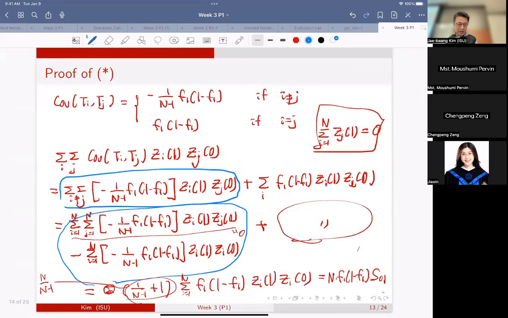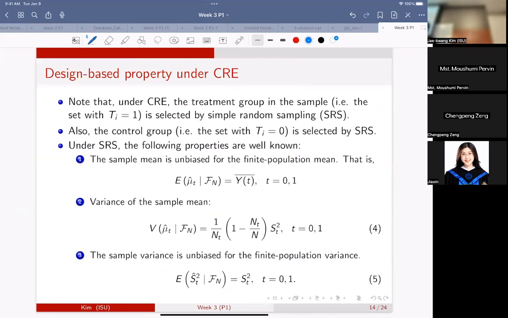So this is actually a design-based result, in the sense that you use the design property, the randomization property. The first observation is that the treatment group in the sample is essentially selected by simple random sampling, and also the control group, t equals 0, is selected by simple random sampling. That means you can use the design-based properties of simple random sampling to obtain some results.